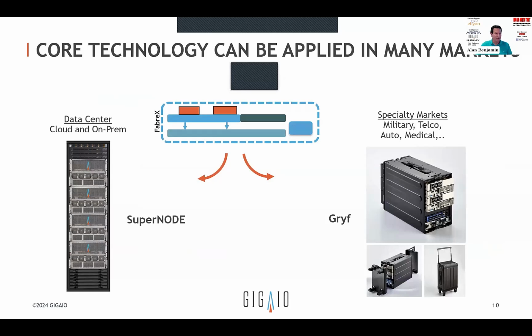Now, for something in a fun sort of way, that fabric, right? So we take the fabric; it is the heart of our supernode, and we can apply it to other formats.